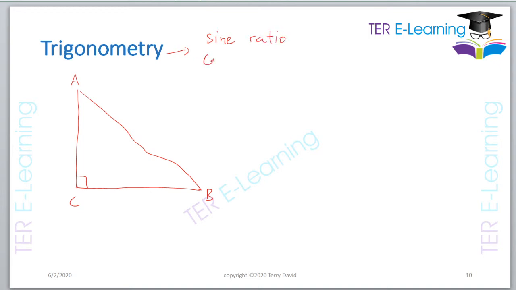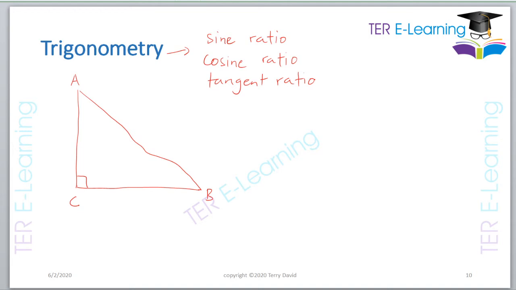We have something called the cosine ratio. We have something called the tangent ratio. Right? So this particular topic is what gives students some trouble.